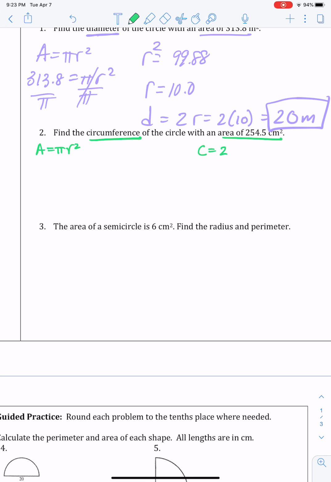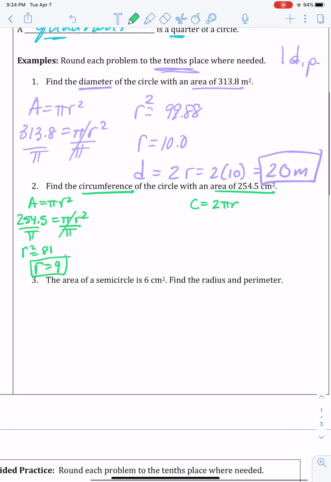Eventually, I'm going to have to use that formula, C equals 2 pi r, but I don't have any information yet. So area is 254.5 equals pi r squared. Divide by pi. I get that r squared equals 81. That means r is 9. Simple enough.